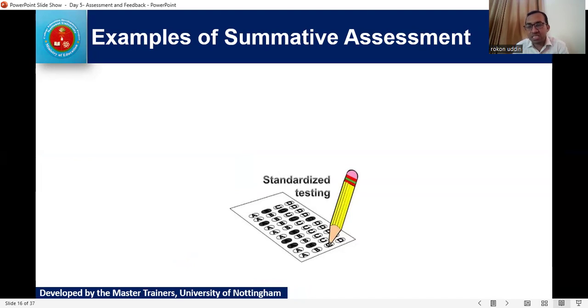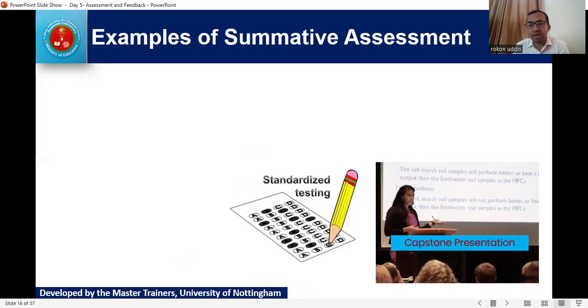These are standardized testing. And also capstone presentation. Capstone presentation is another example of summative assessment. Capstone presentation means final presentation. We can assess and give a grade, a rating, on the final presentation of the student.